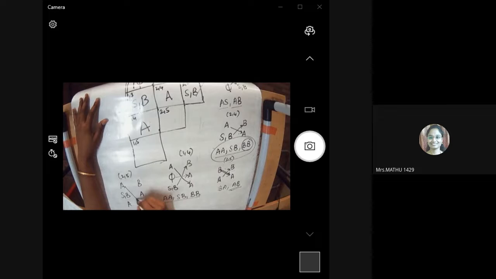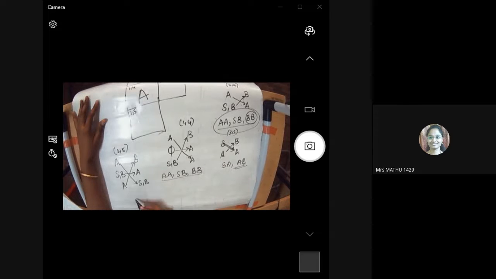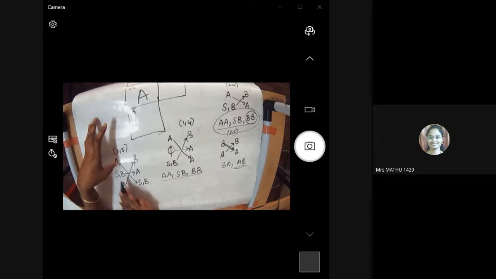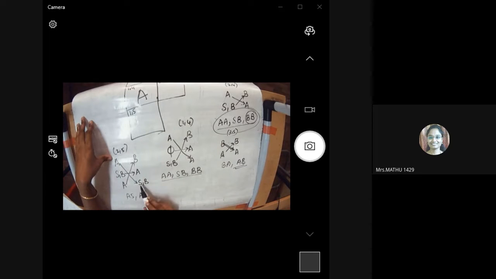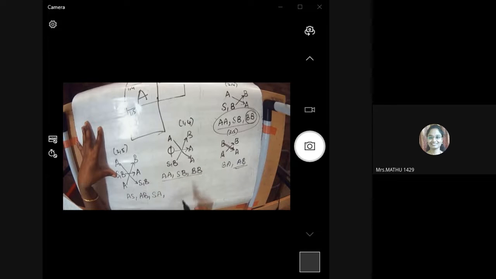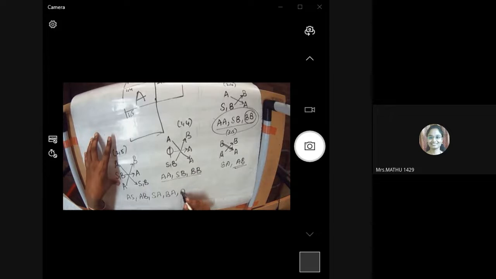So again cross it and find out the combinations: AS, and AB. This has to be combined with both the variables, first AS and then AB. Then here SA. The order should not be changed. You cannot write SAS, AS. BAS, AB. Both are different. So SA, then BA, then AB.